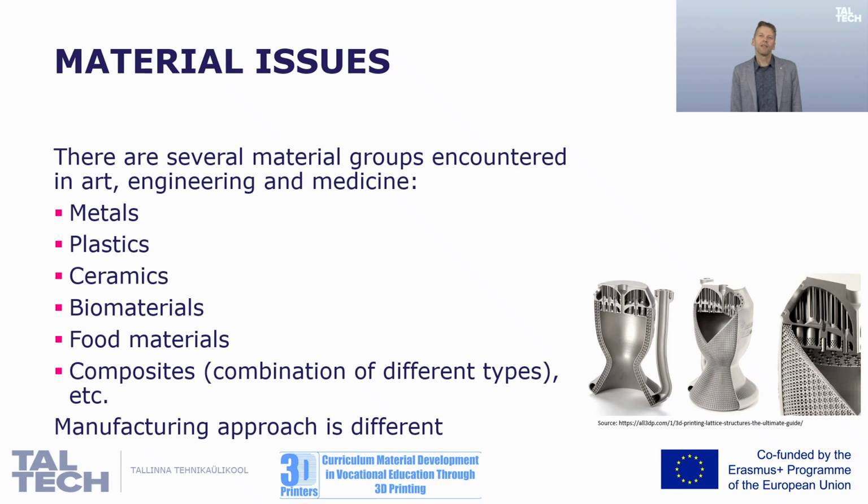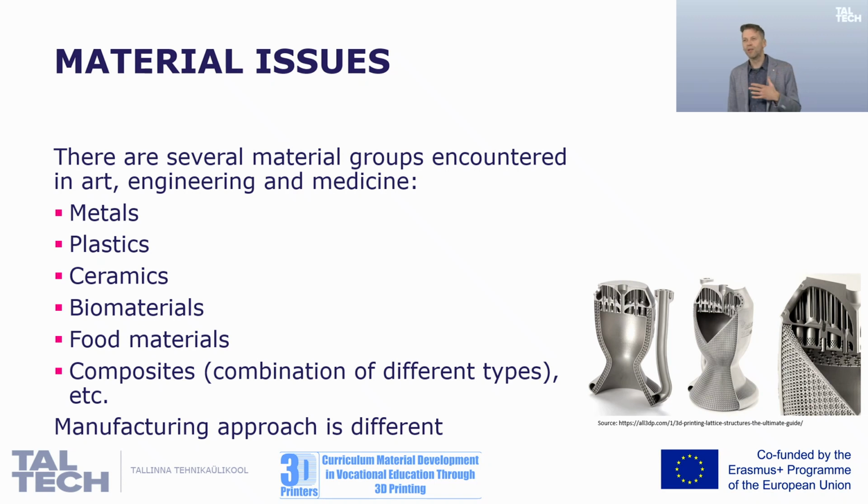Now, there are several material groups encountered in art, engineering, and medicine, and other areas. So, large group is metals, and metals have very specific properties. Metals are very widespread class of materials. Then we have plastics.